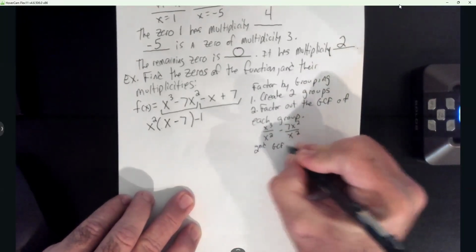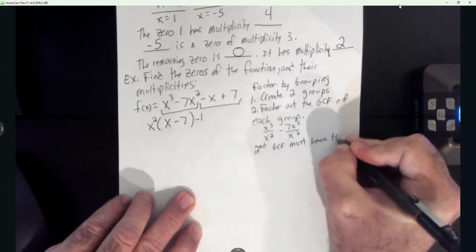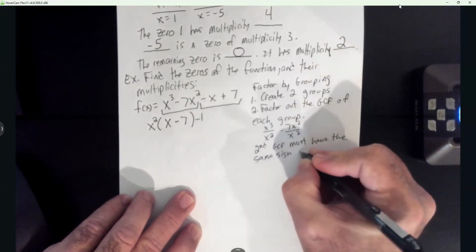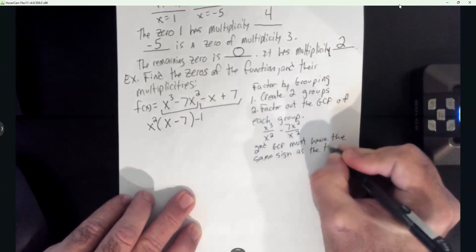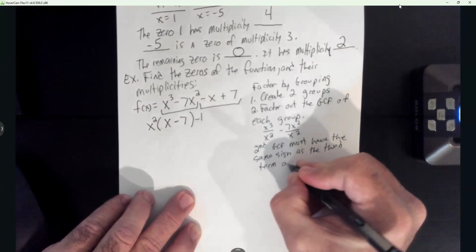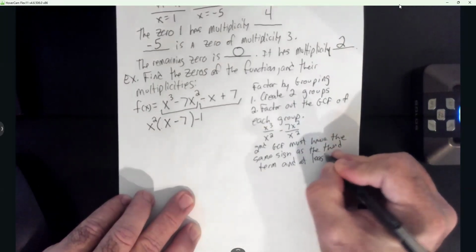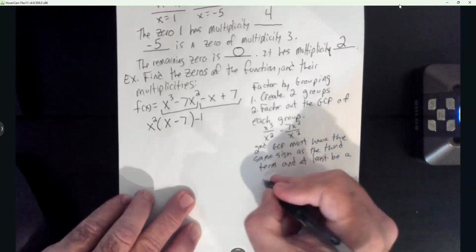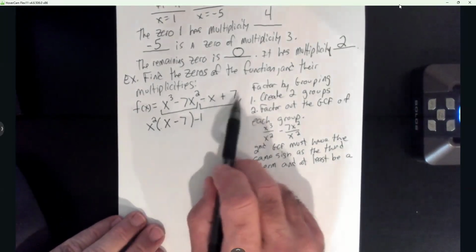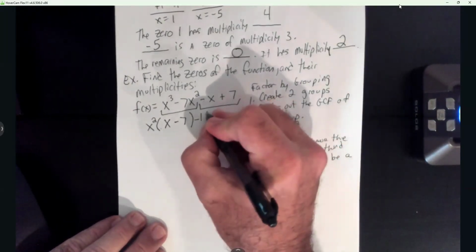Second GCF must have the same sign as the third term, and at least be a 1. You gotta factor something out. And since x's and 7's have nothing in common than a 1, you had to bring out that 1.